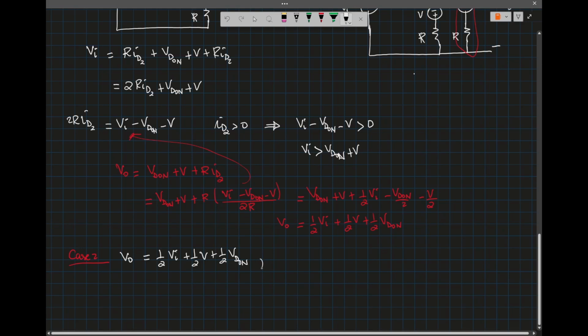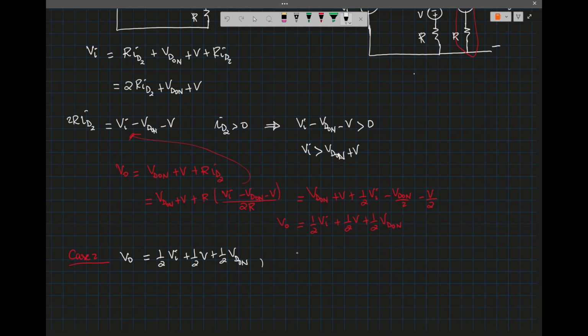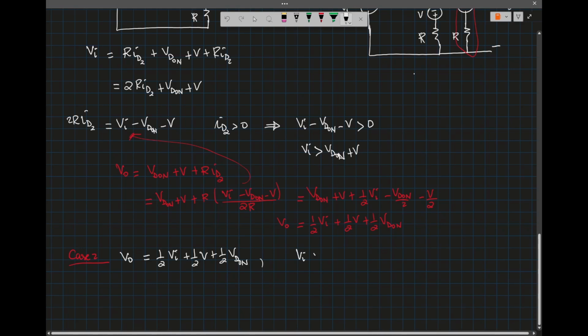If you're dealing with an ideal diode, VD on will be equal to 0, and then you end up with half VI plus half V. The condition is that VI is bigger than VD on plus V.